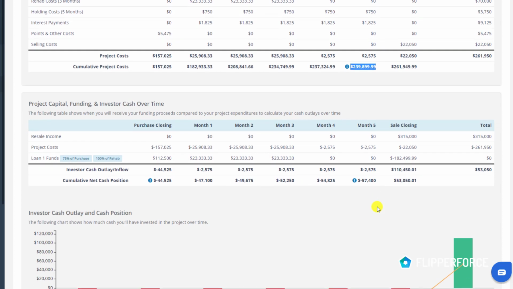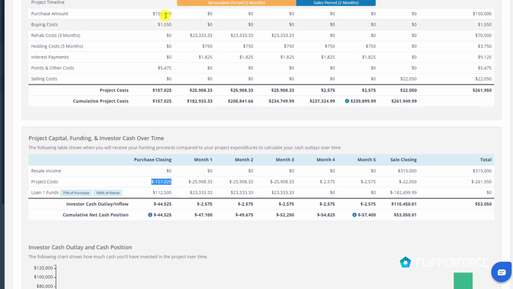The table at the bottom shows us how we plan to fund the deal with our lender's funds and our own cash. So again, at purchase closing, we're going to need $157,000, which again is our purchase price of $150,000 plus our buying cost of $1,500 and then the points and fees of $5,400.